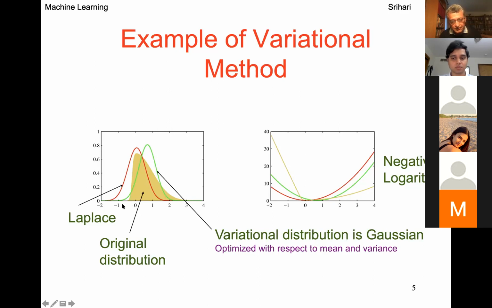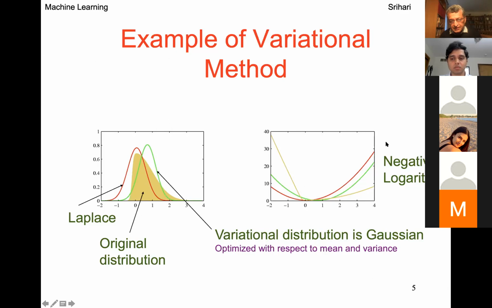On the other hand, what we are exploring today is the variational distribution. This is another Gaussian distribution shown in green here, which has more of an overlap with the yellow. It says, I'm going to give you the best possible green Gaussian distribution, not just worrying about the mode, but about the entire area under the curve. And this is another diagram which shows, for the red curve, the green curve, and the yellow curve, what the negative logarithms look like.